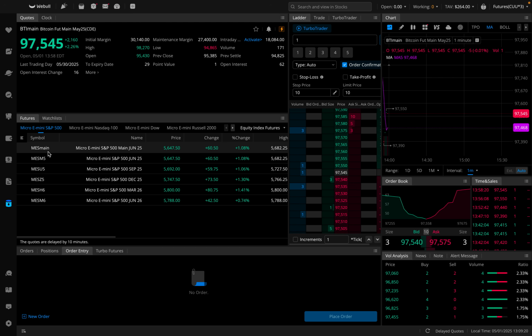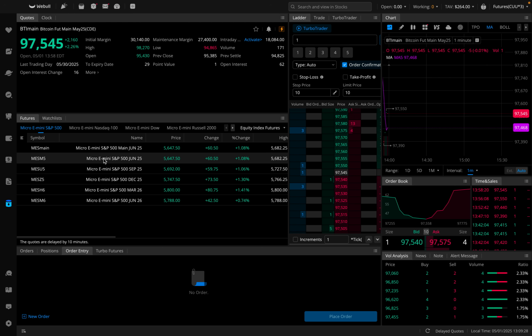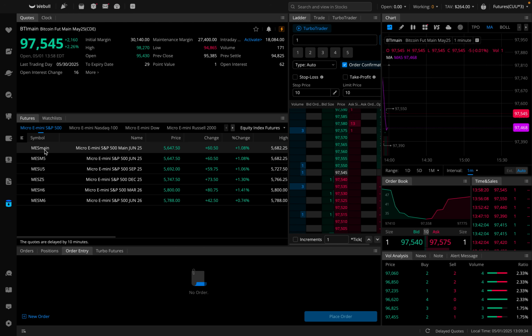This is going to be the contract that has the most activity and trading volume. These two right here are the exact same contracts. These are both the Micro E-mini S&P 500 June 25 contracts, but this one happens to be the most active and the one with the most trading volume. It's also the main contract here.